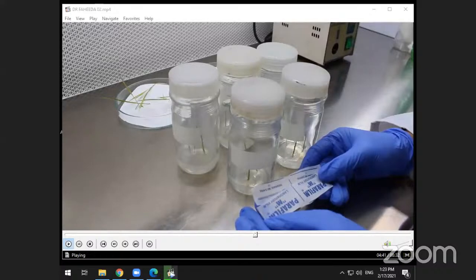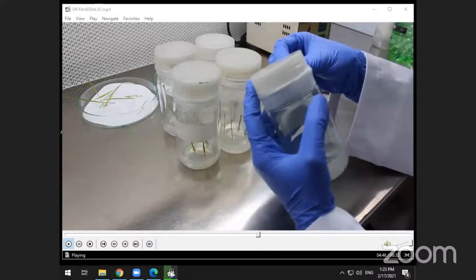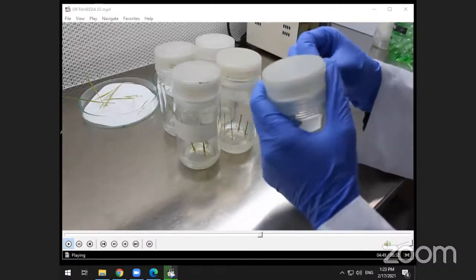After covering the jars with the caps, seal the jars with the paraffin to avoid contamination or to minimize the rate of contamination.